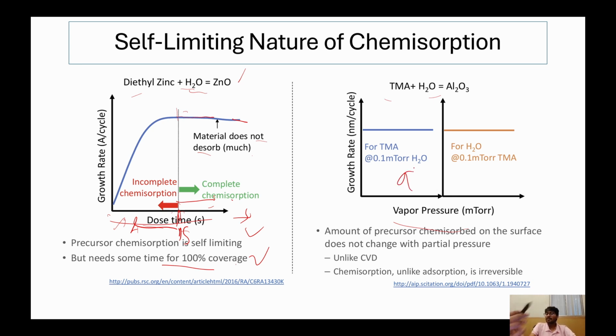Whatever vapor pressure you keep, 0.1 millitorr or whatever, the growth rate doesn't matter. If you increase the vapor pressure, the growth rate will be the same, because of the self-limiting nature. Once a layer is formed, the excess won't affect it much. So 0.1 millitorr or 0.2 millitorr doesn't matter.